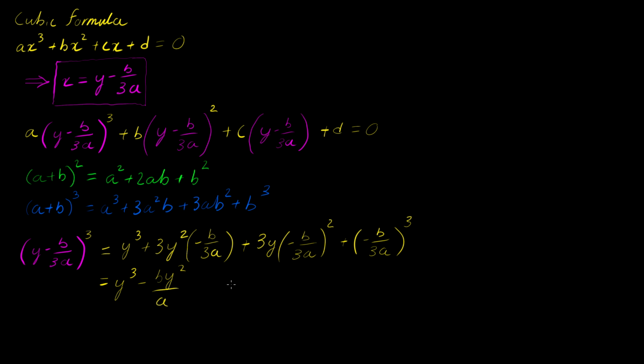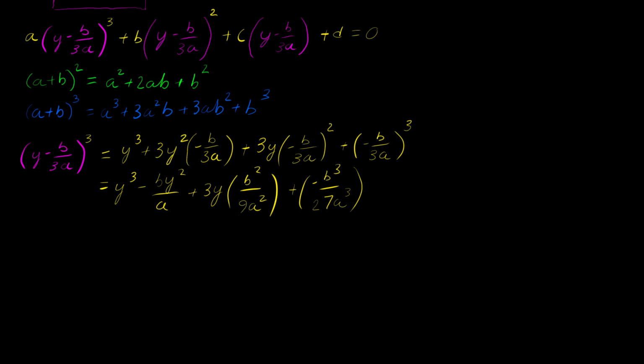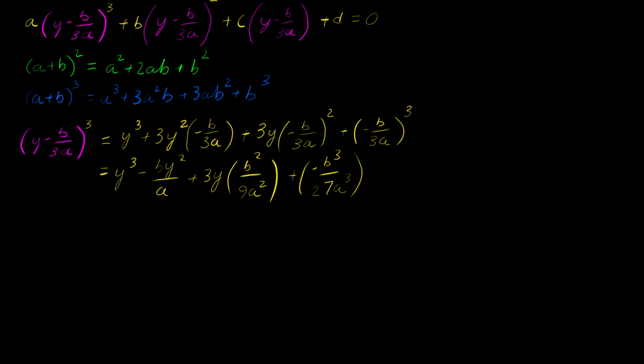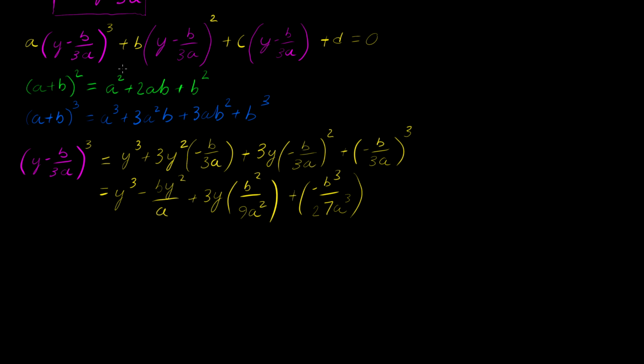And then we're going to get plus 3y times b squared over 9a squared, because we're just expanding out this b squared, and then we're going to get plus negative b cubed over 27a cubed. I've really just squared that term and cubed that term. When you square something, you square both the top and bottom, and when you cube it, you cube both the numerator and the denominator.